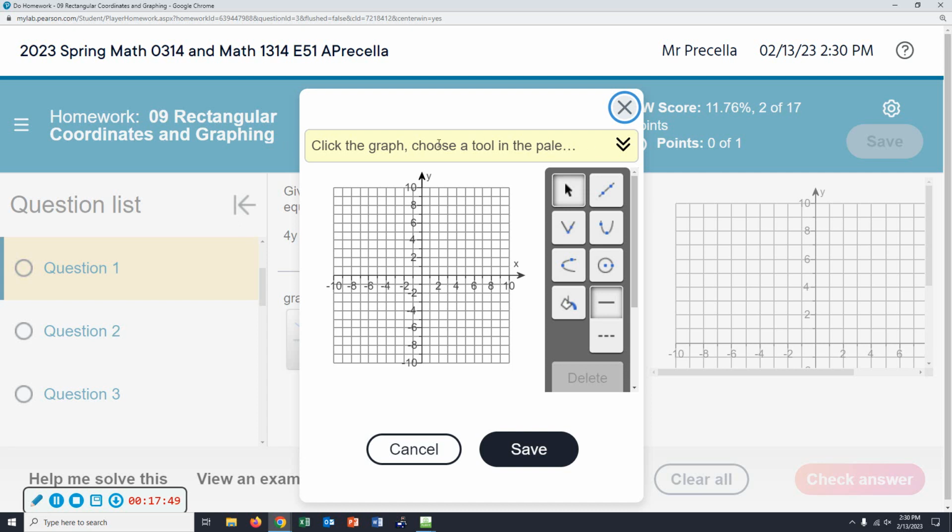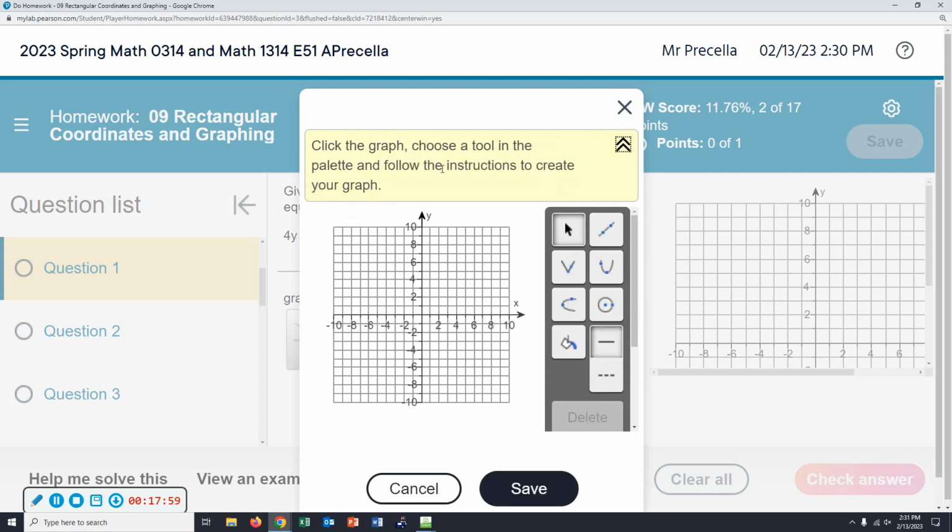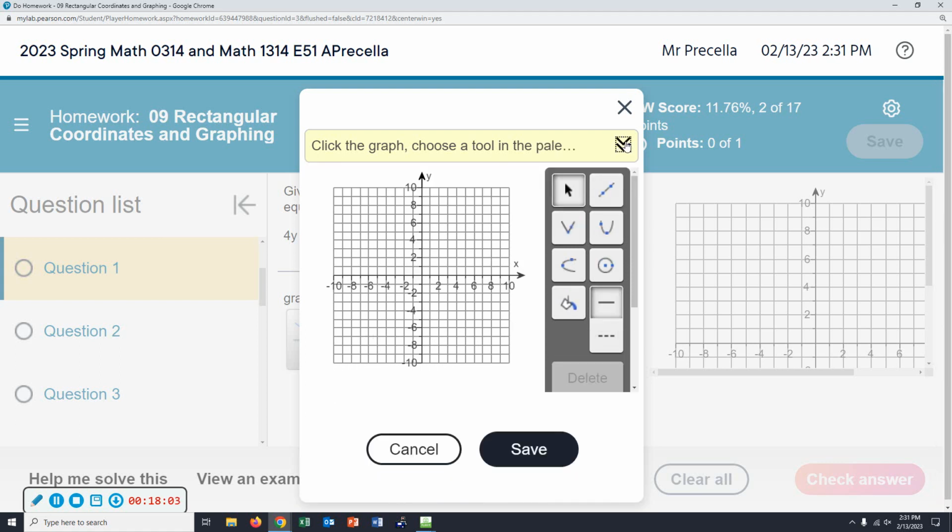Okay? You have your x-axis and your y-axis. The first thing it says is click the graph and choose a tool in the palette and follow the instructions to create your graph. So the first thing you do, you click a tool over here. If you hover, it'll say the name of the tools. It's sort of hard to see.